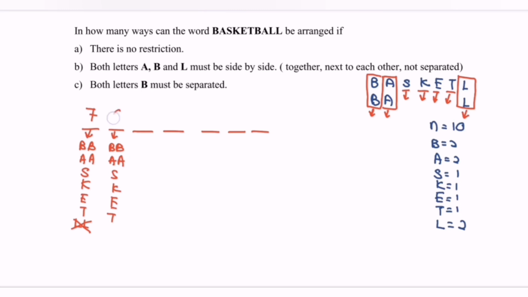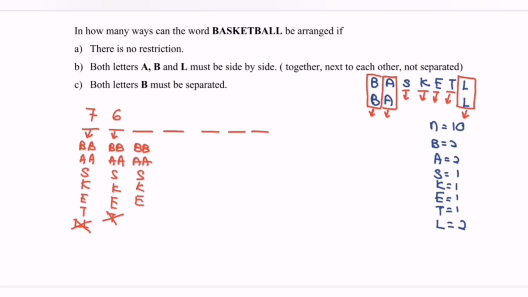Here we have 6 situations. Let's say we select the T. We repeat the situation for double B, double A, S, K, E.